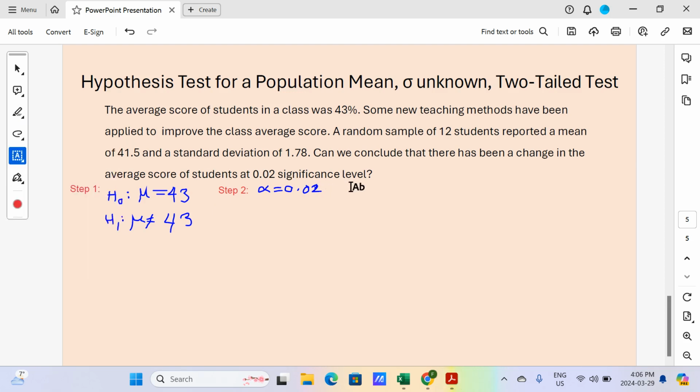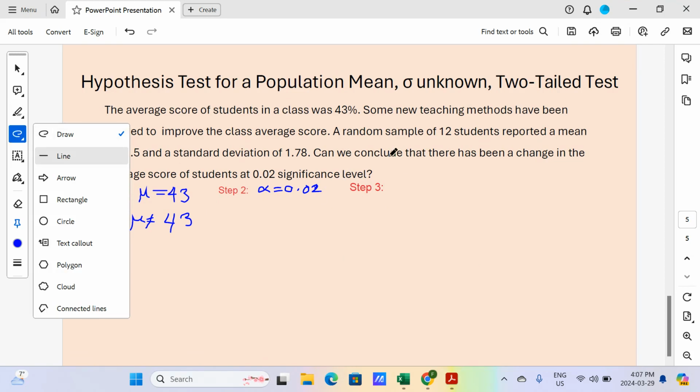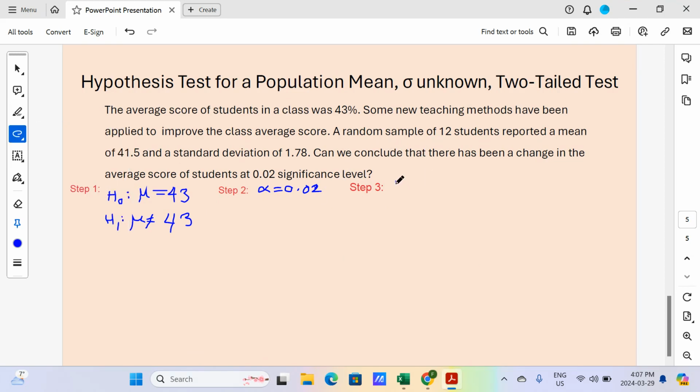Now step 3. In step 3, I need a sample. We have a sample of 12 students. Sample size is 12. Sample mean x bar is 41.5.